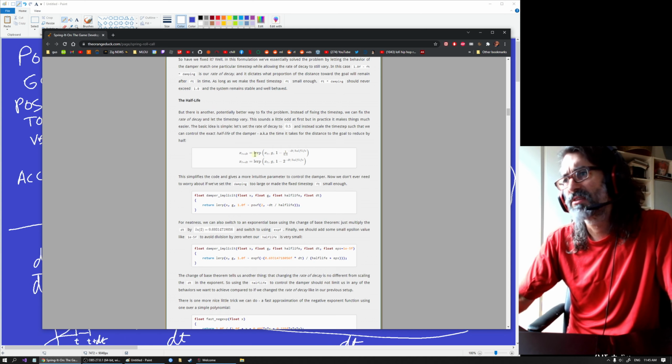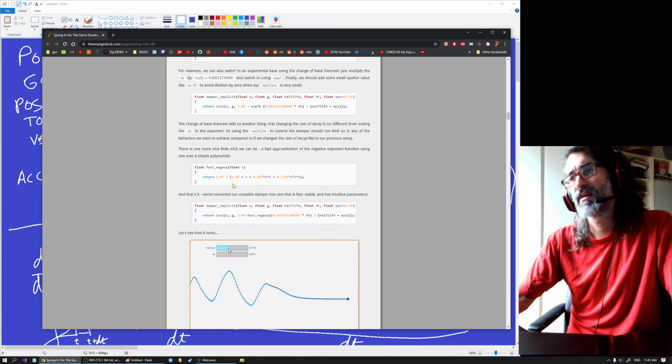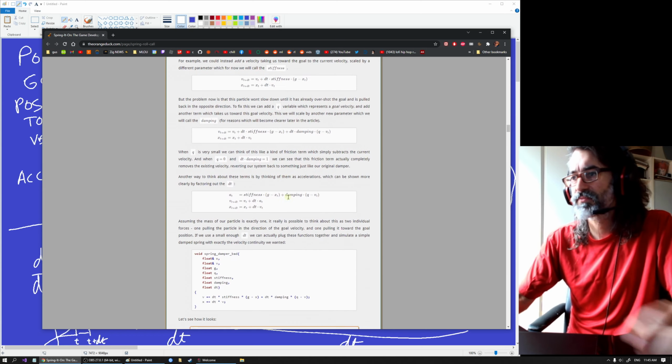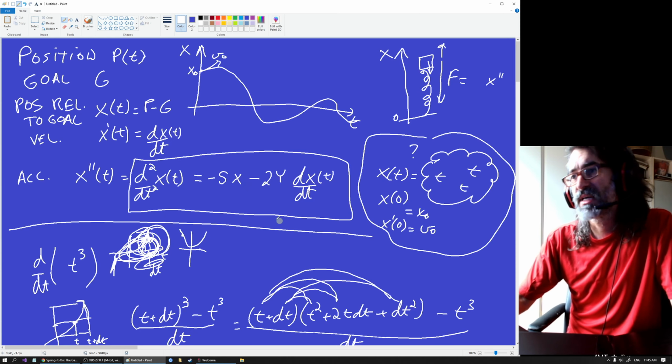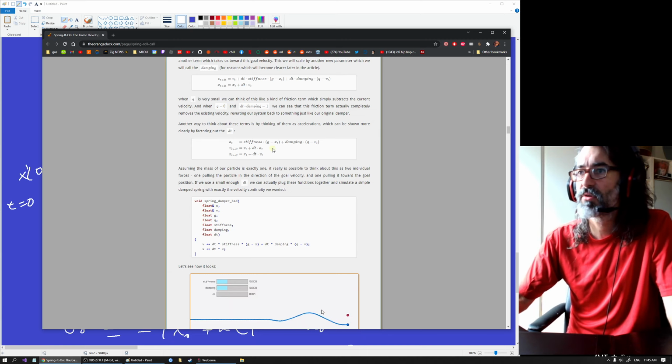This is really trying to make it look like what game people are used to with the lerps and the half-lives, and all this is really cool. And the fast negexp, that makes it work. And then it becomes really, really nice and useful. But yeah, that was another way of attacking the problem, just the pure math version of this blog post.